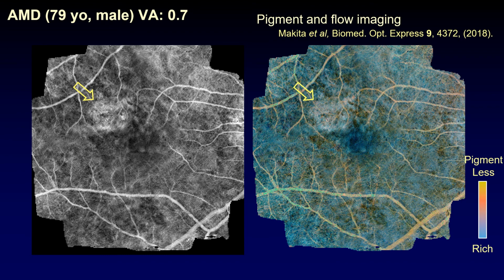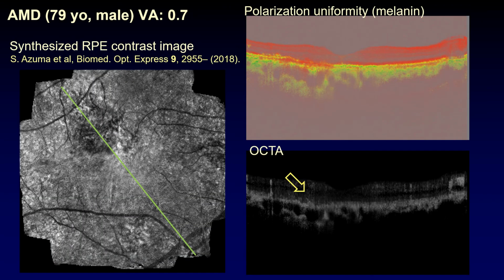It indicates the RPE above the blood vessel is damaged. This can be confirmed by a synthesized en face RPE image that is generated by polarization-sensitive signal processing. Also in the polarization uniformity cross-section, the yellow melanin signature in the RPE has gone.